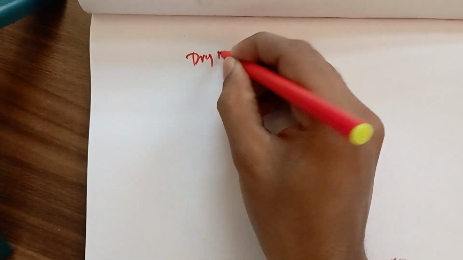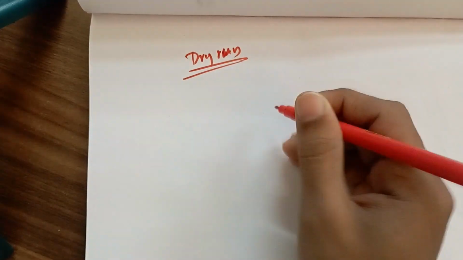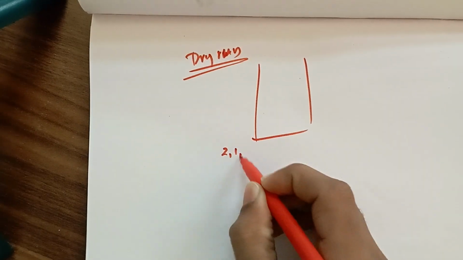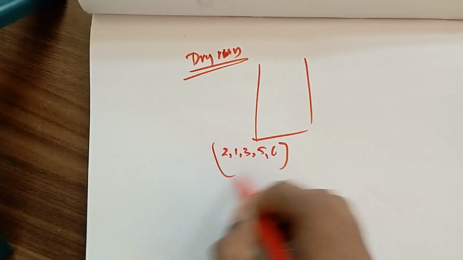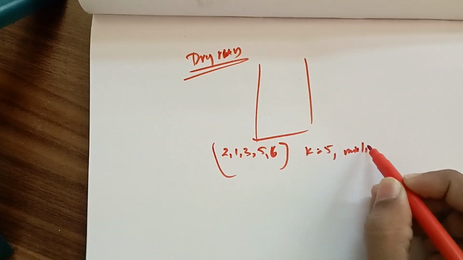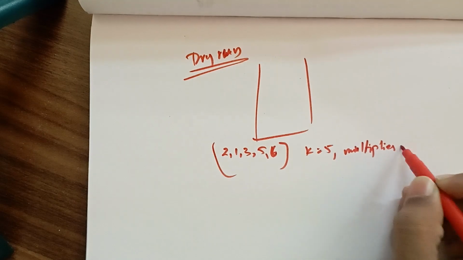So how do we start with the dry run? As I said, we'll be initializing a priority queue. Let us take an example: 2, 1, 3, 5, 6. K is equal to 5. Multiplier is equal to 2.